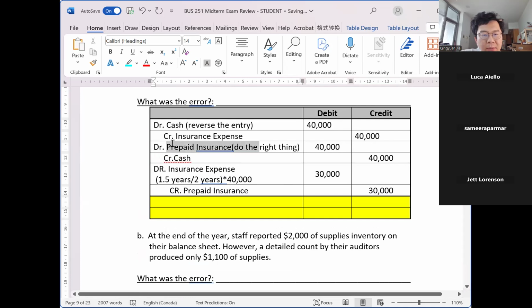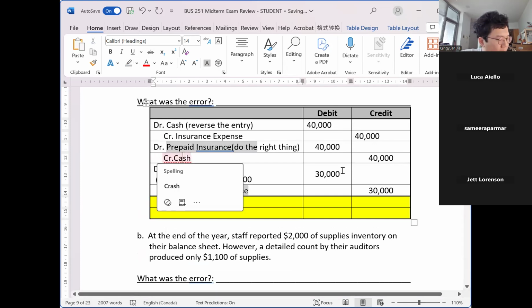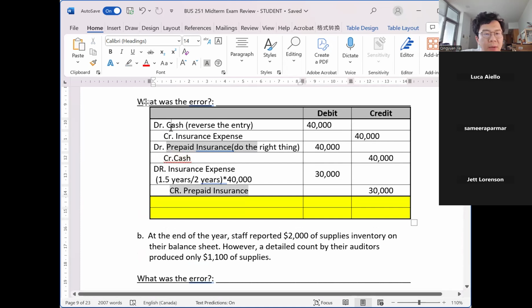Or in other words, you can combine this together, because we have prepaid insurance here, right? And we also have prepaid insurance here. And we have debit cash here and credit cash here.